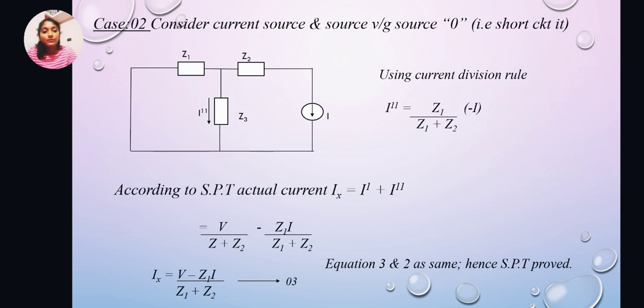After substituting the values of I dash and I double dash, we will get V divided by (Z1 plus Z2) minus Z1 into I divided by (Z1 plus Z2). So we get Ix equals (V minus Z1 I) divided by (Z1 plus Z2). We will consider this expression as equation 3. As we can see, both equation 3 and equation 2 are the same, and the superposition theorem is proved.